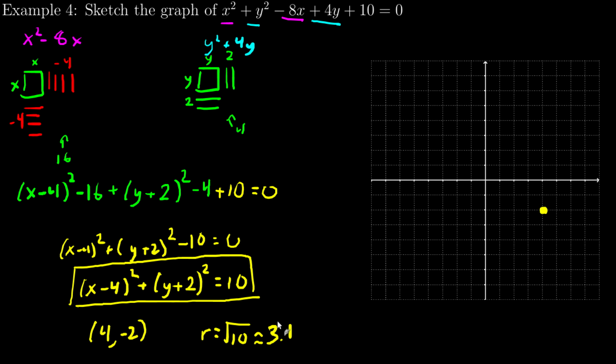And from that center, I go up 3.1, down 3.1, left 3.1, and right 3.1. So 3 and a little more, 3 and a little more, 3 and a little more, and draw the circle.